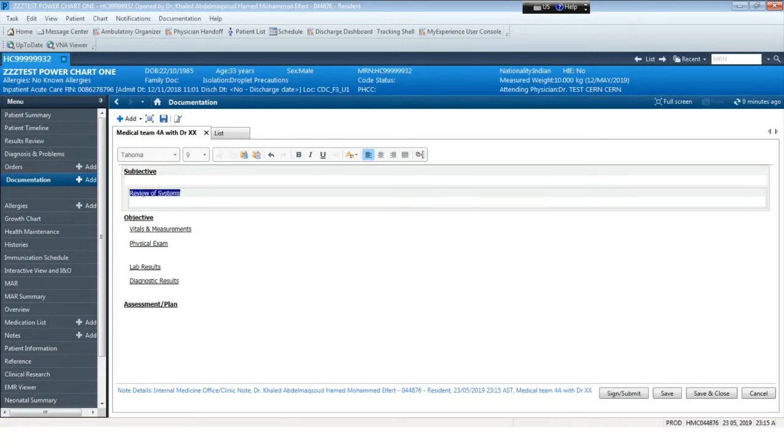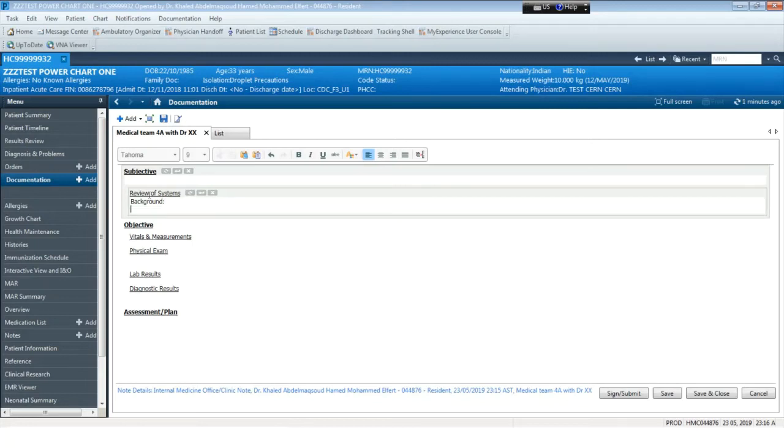Here they mention a review of systems, but actually you should not mention the review of systems here. It should be the background, because the background should always be there in every progress note, so that everyone who is reading the progress note will know everything about the patient without having to go back to the admission note to read about the patient's story and why he was admitted.